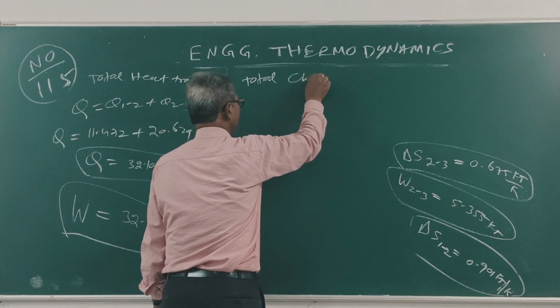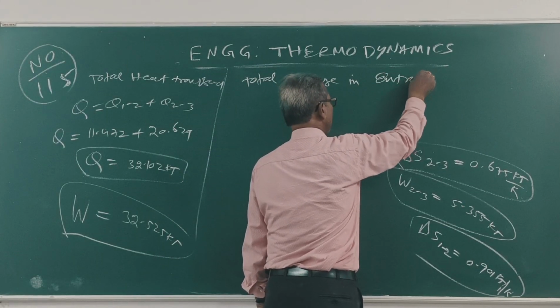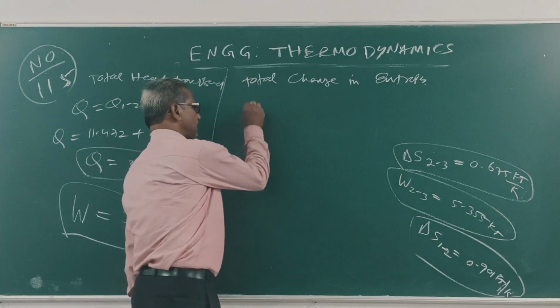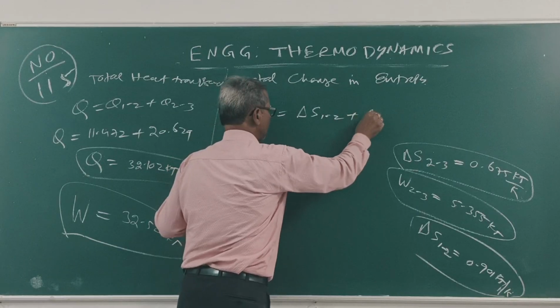Total change in entropy, delta S. So delta S is equal to delta S12 plus delta S23.